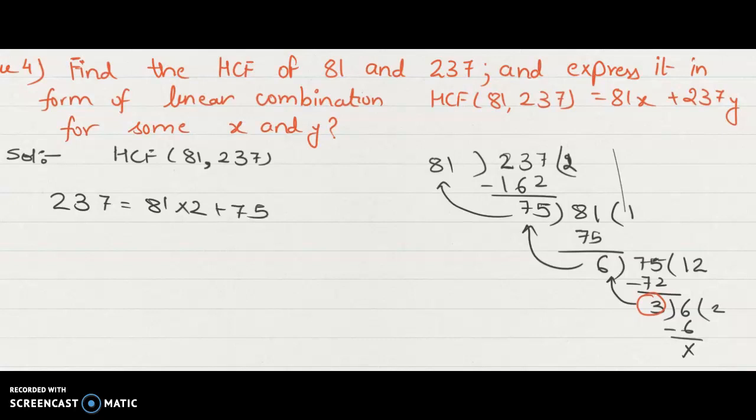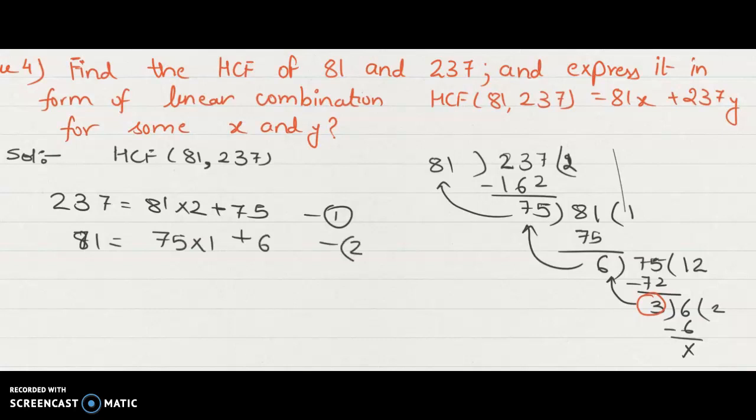For the first division we have done this division first, then in the second part what we have divided. For the first division it is dividend, divisor, quotient and remainder. In the second division it is dividend, divisor, quotient and remainder. So what can we write here? Here we can write 81 is equal to 75 into 1 plus 6.